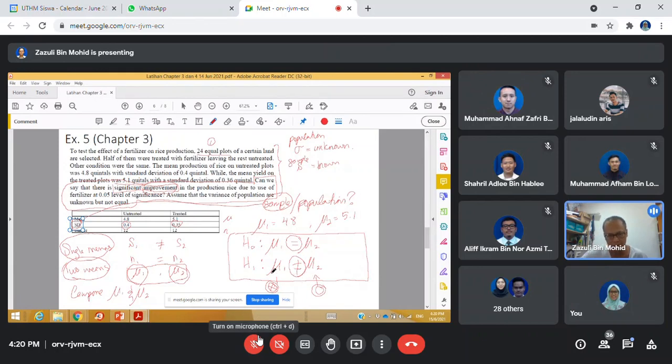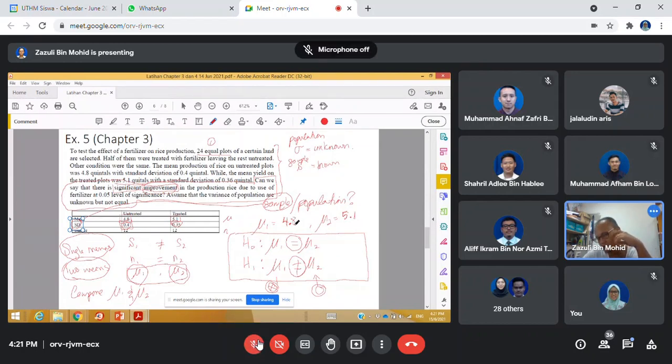When we say it is better, sekarang tengok angka. Kita tengok min 4.8 dengan 5.1. The untreated is 4.8. The treated is 5.1. This is the mean. From the mean, maknanya purata the mean of the production, we can see that the treated one is larger than untreated.